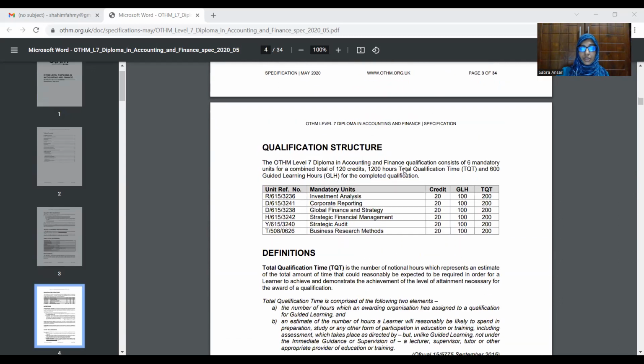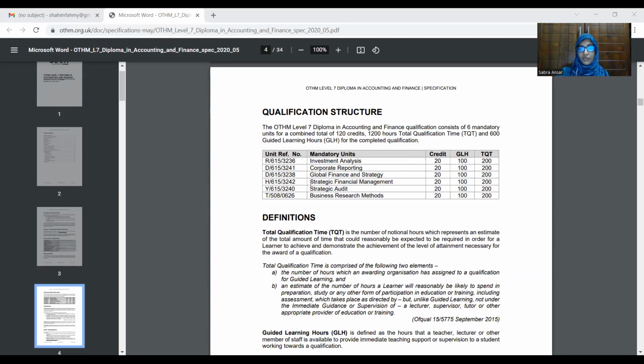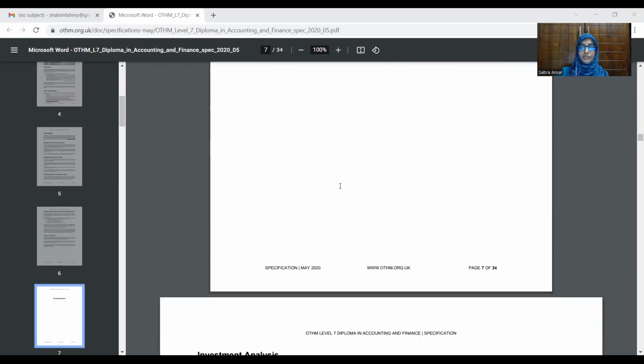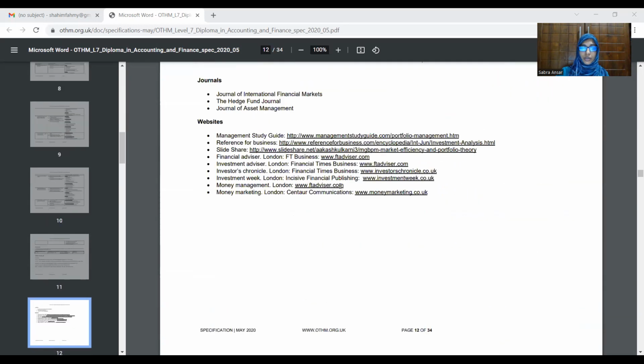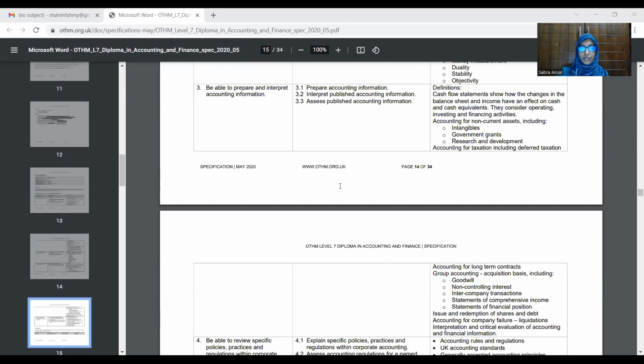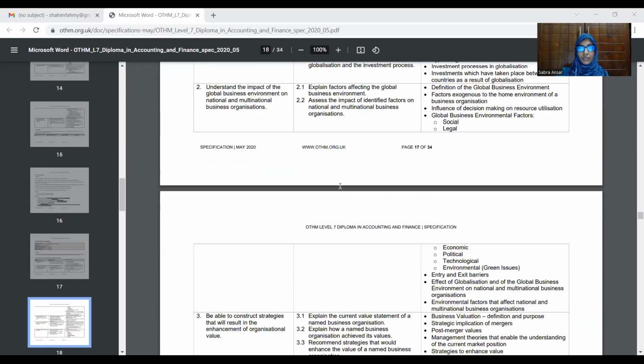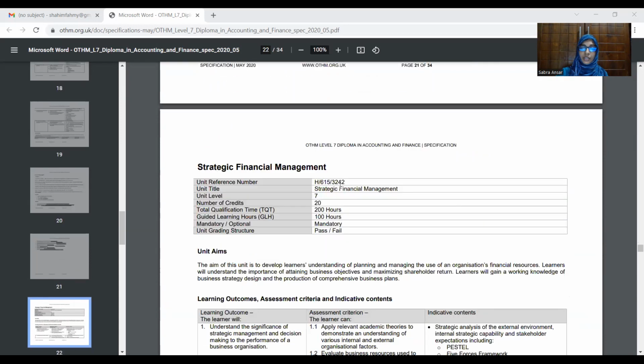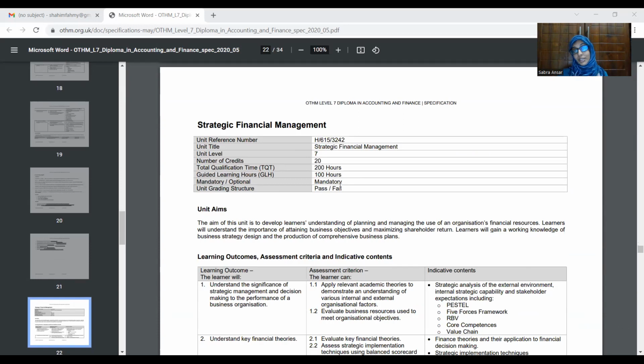When we look at it, the fourth unit is strategic financial management, which has 20 credits. I'm just going to go through the learning outcomes so that you understand what is expected from you. This section talks about our unit, strategic financial management.